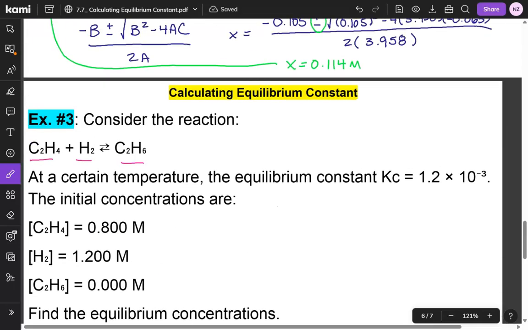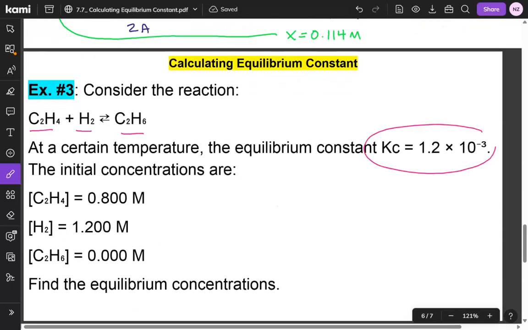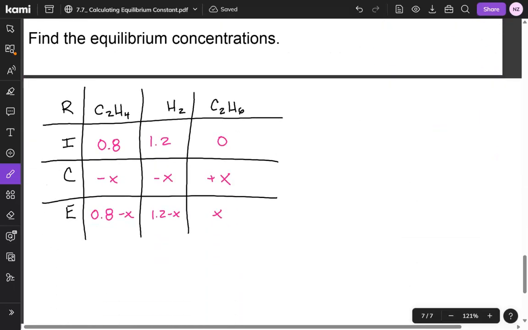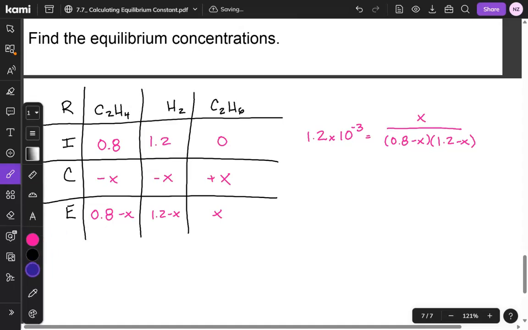Again, in the question, we are given a Kc value, so we're going to set it up just like the last one. So our Kc value is going to be equal to x over 0.8 minus x, 1.2 minus x. So we're going to make that same assumption here.